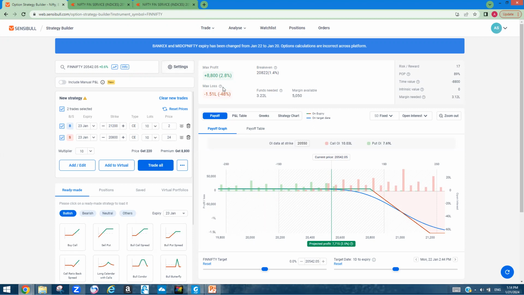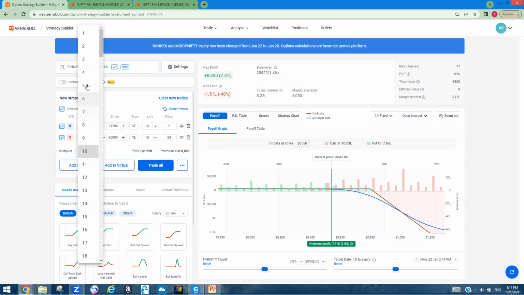capital. Now again, as I said, if you want to lower the losses, whatever capital you're using, if it is 10% of your total capital, say you have 30 lakhs capital and using this, then you will not lose much. But if you have only 5 lakhs capital as your base, then take only 5.